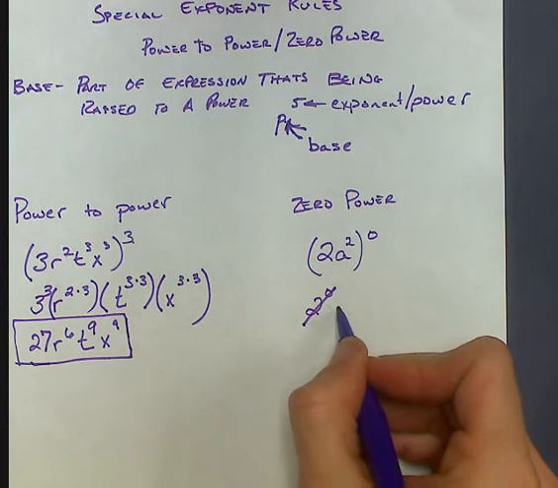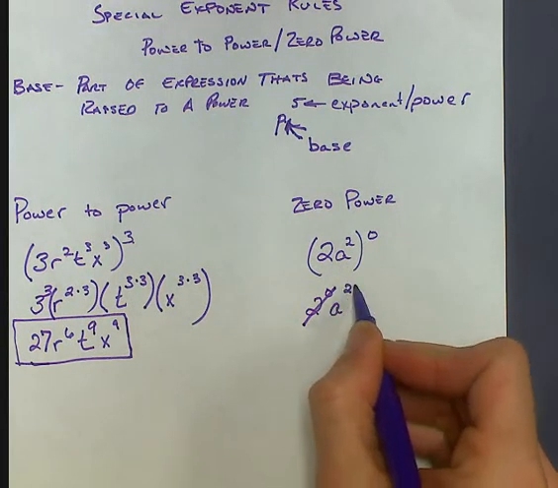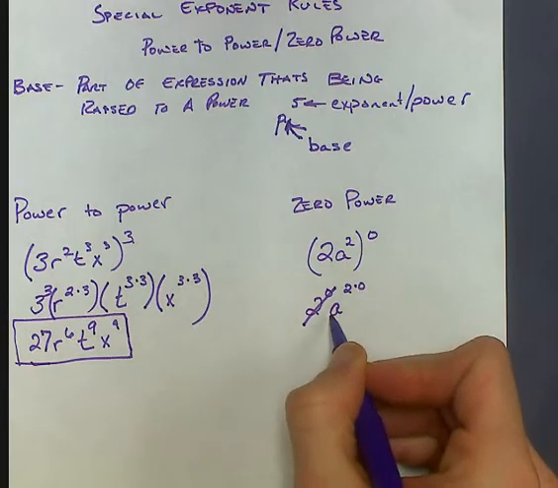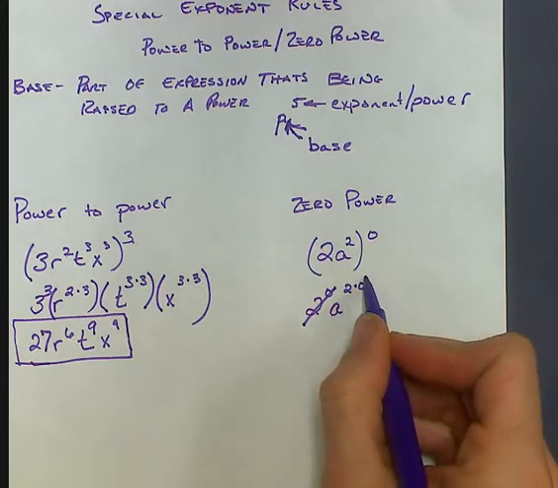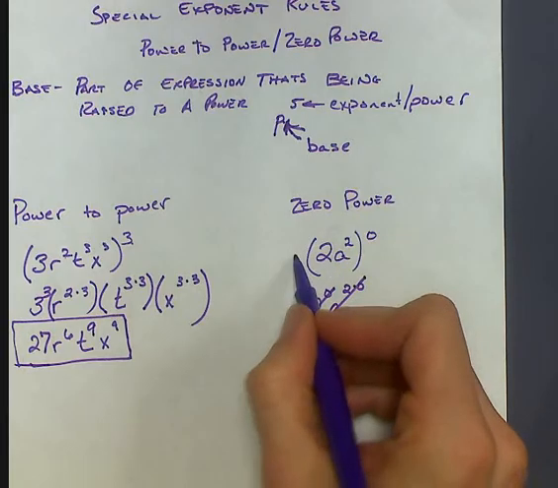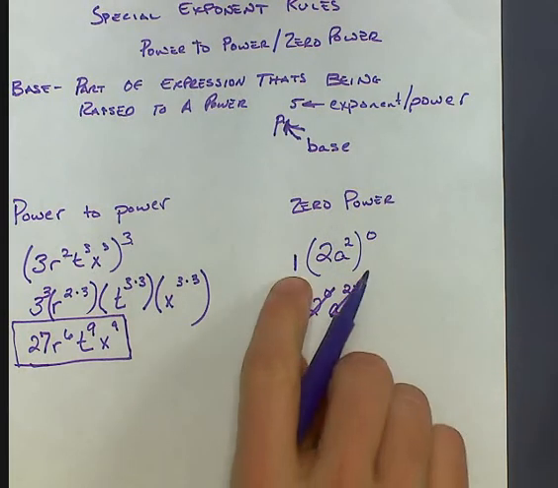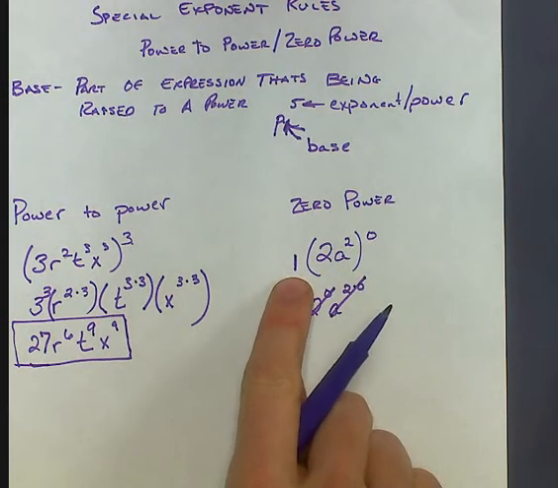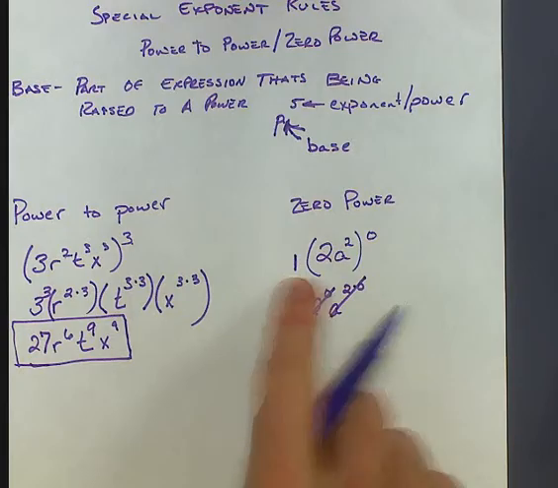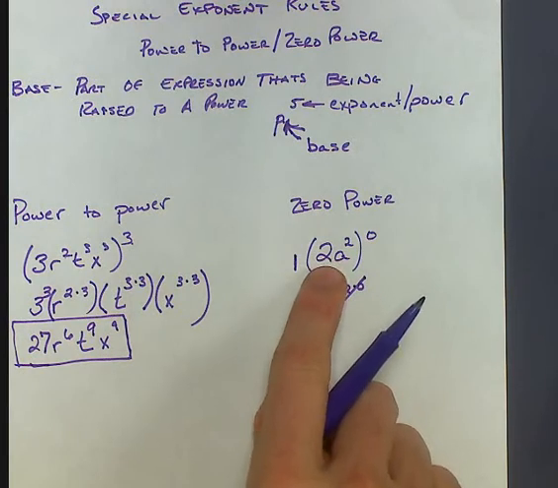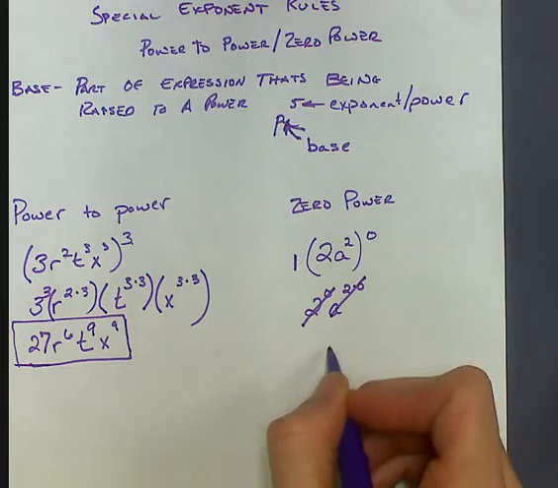Well, I could say the same thing about the a's, because when I multiply 2 times 0, I get 0. But we always have an understood coefficient of 1. What if something is in parentheses or there is no coefficient in front of your variable? So my answer to a zero power question is 1.